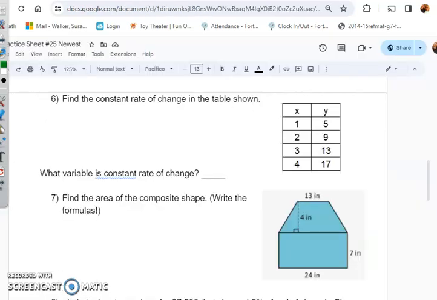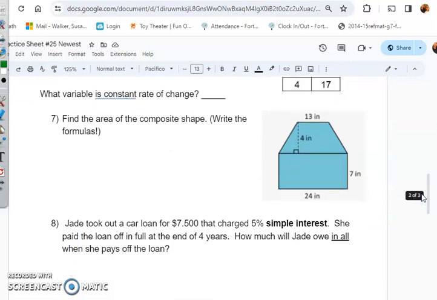Number 7, find the area of the composite shape. We have 2 shapes. We have a rectangle, which is 24 and 7. This is what I would expect you to do on your own paper if this was a test.